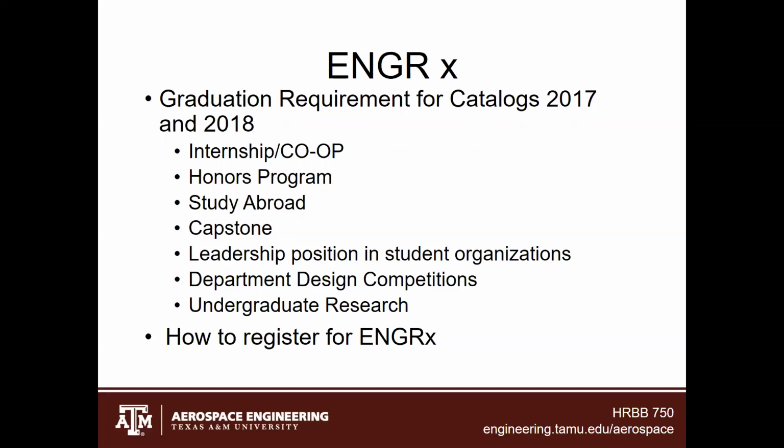It'll be on a link and a form that you will fill out online, okay? So we will send you further instructions once all of that is built. But I need you guys to be aware of that, because we're starting to have students graduate that need the Engineering X requirement, okay? So if you're a catalog 2017 graduating spring, you need to make sure that you're meeting an Engineering X requirement, okay?